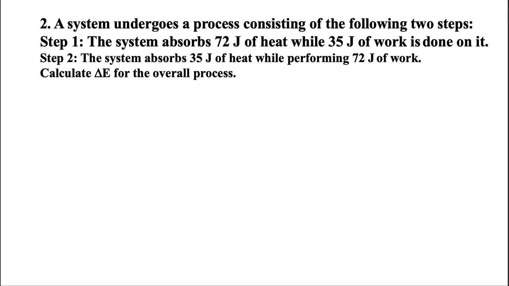So how do we do this problem? We do this problem in a two-step manner. So let's find out the internal energy change delta E for step 1, and then we find the delta E for step 2, and we just sum them, and we get the delta E change for the overall process. Now let's do step 1. The system is absorbing, that means Q is positive here.